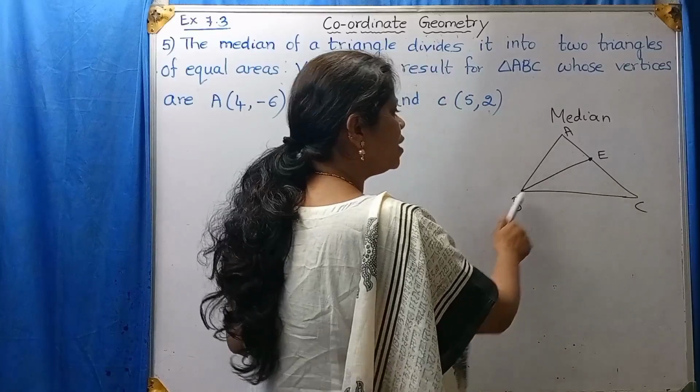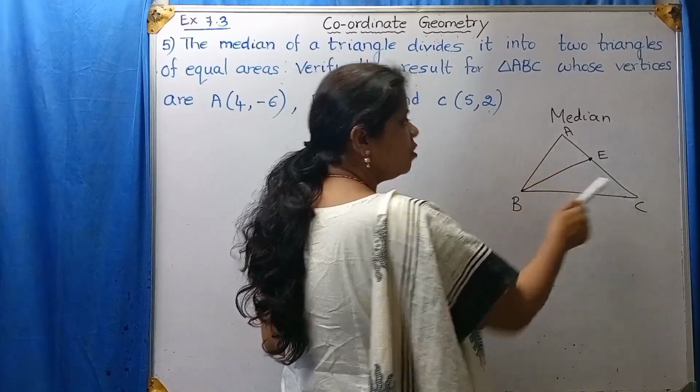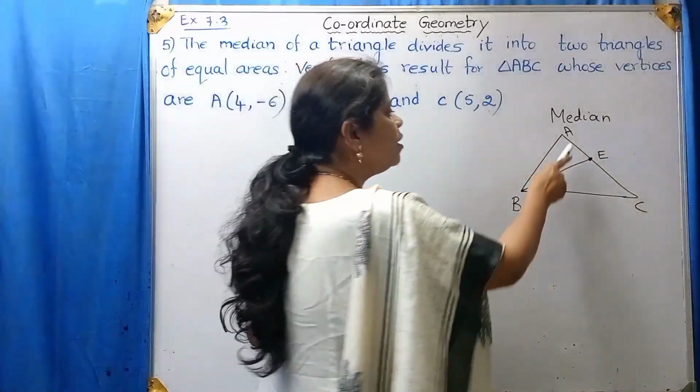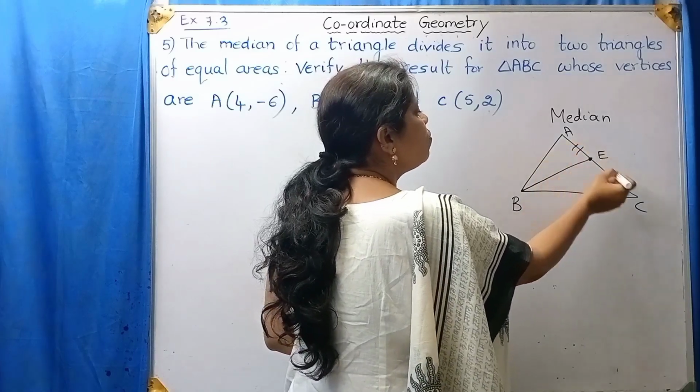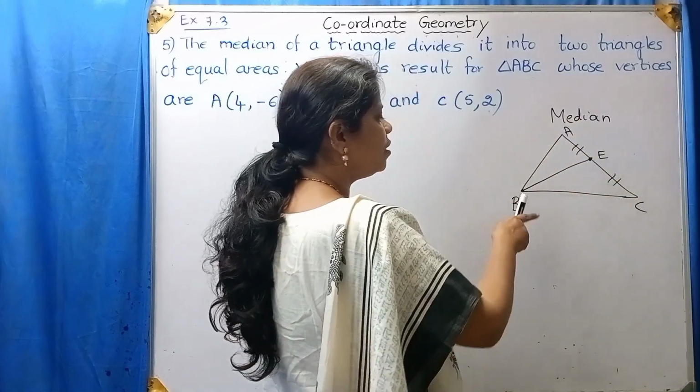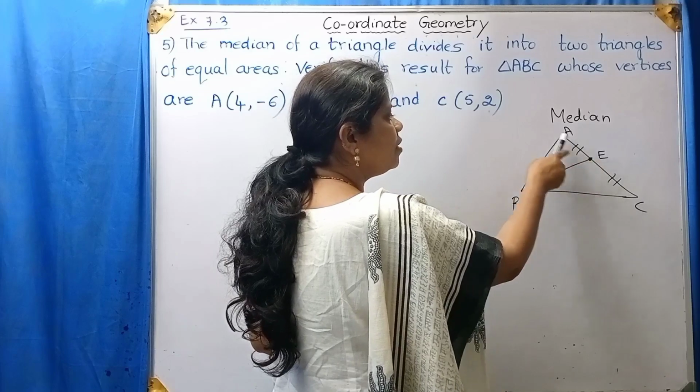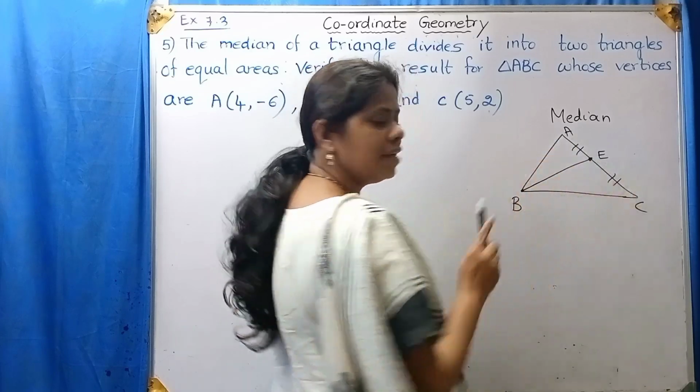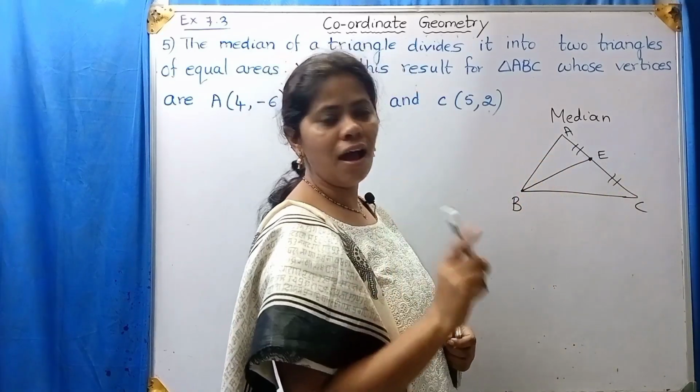When I say BE is the median of AC, you must keep in mind AE is equal to EC. This E divides the line segment AC into two equal halves.